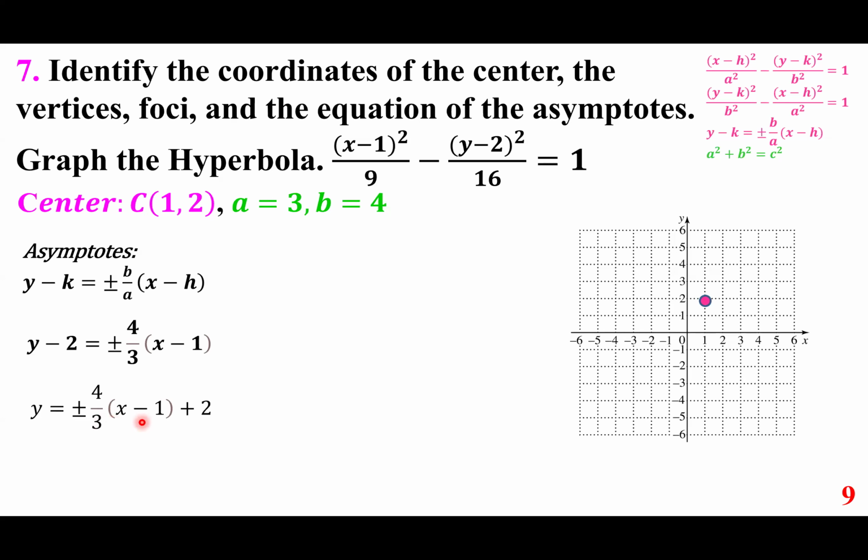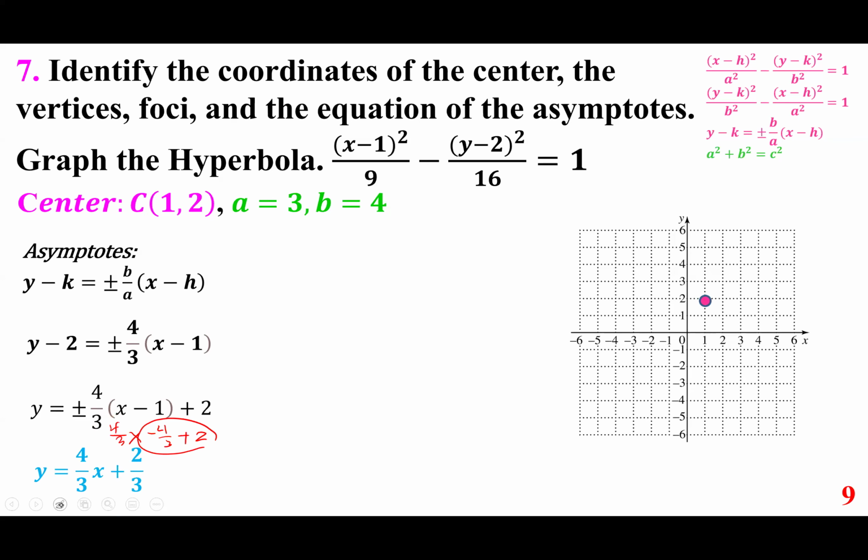And if you go with the positive 4/3 x, let's see what color I want to use. So if we go with 4/3 x, we get minus 4/3 because of negative 1 and then plus 2. And that gives us 2/3.